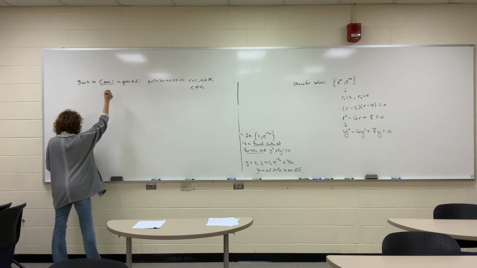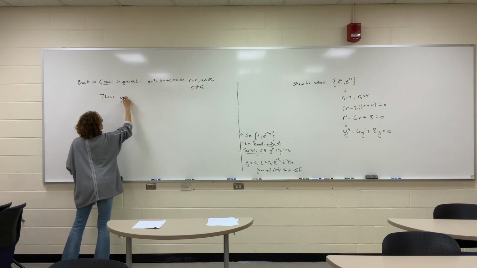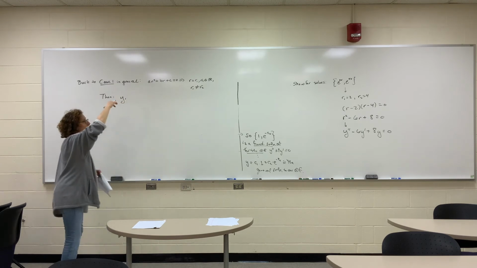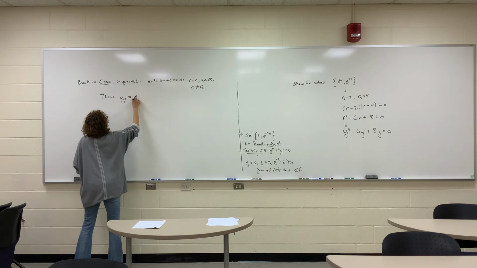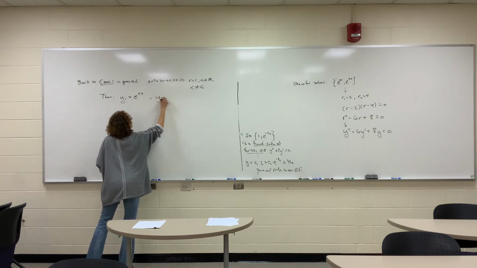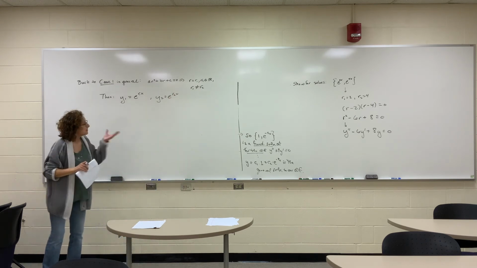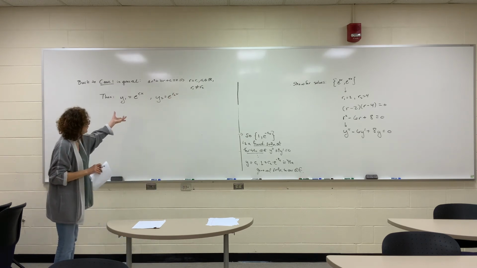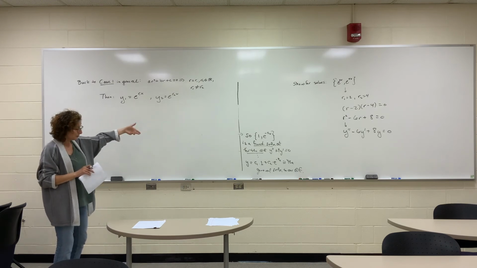So in the general case, whenever we end up with a characteristic equation that we can factor and get two different roots, then we're going to have an e to the r1x as our y1 and an e to the r2x as our y2. Now remember, we needed these two linearly independent solutions in order to generate our general solution.